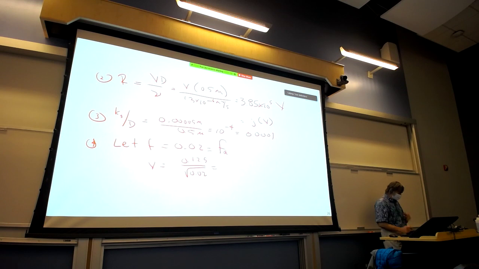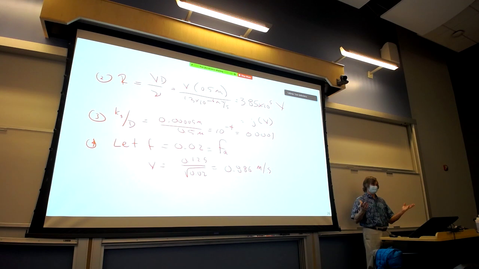And that gives us, and we've been maintaining consistent dimensions, 0.886 meters per second. Remember, we've already done this problem 3 times. We should have had that friction factor of 0.0152. So I know 0.02 is wrong. You should know 0.02 is wrong.